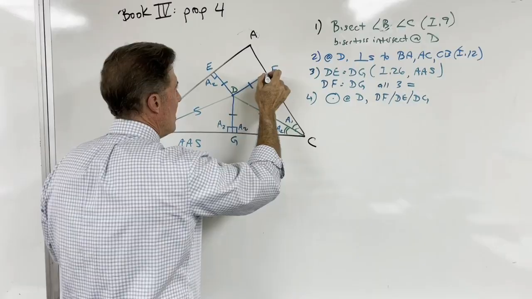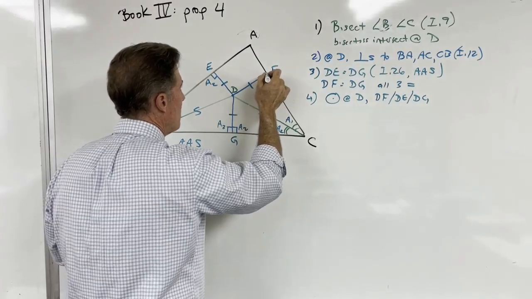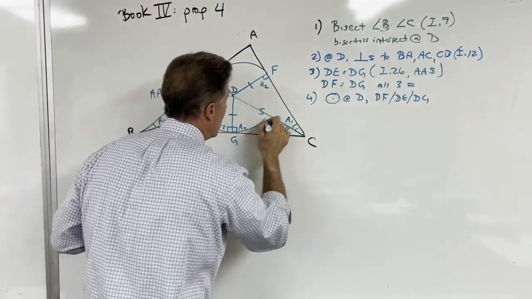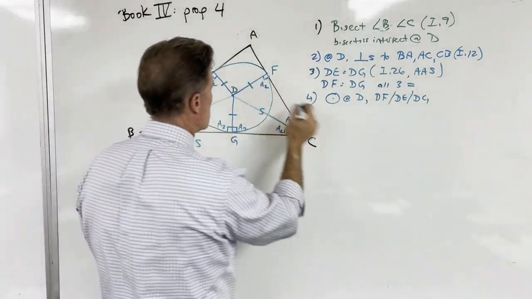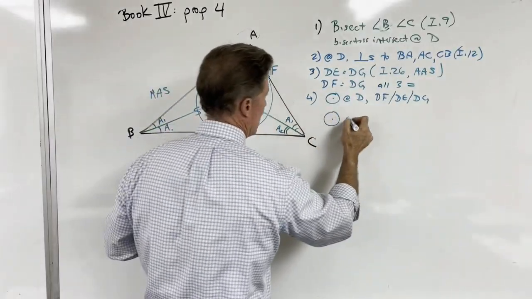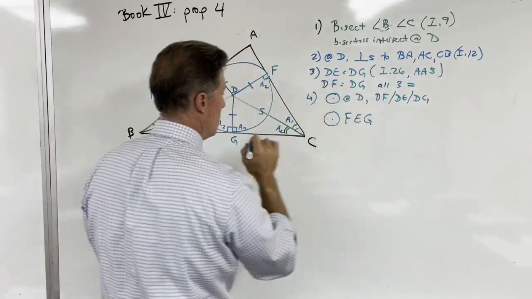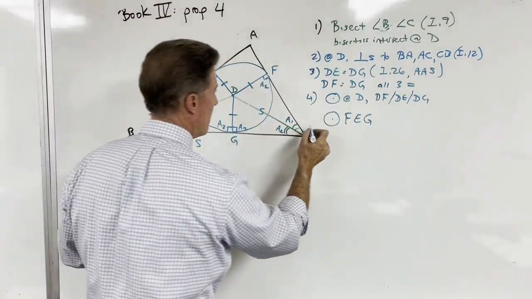If this is our center and this is our radius, a circle constructed will pass through point E, pass through point G, and it will pass through point F, something like that. So let's construct that circle. So we're going to construct circle FEG using D as our center and any one of those as our radius.